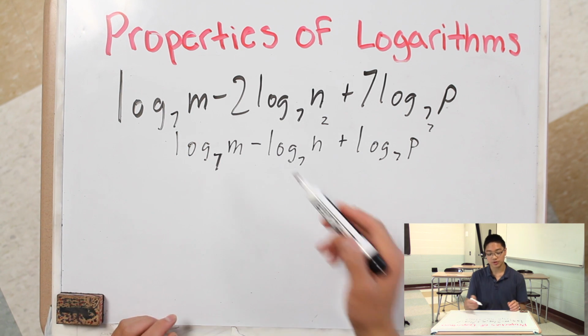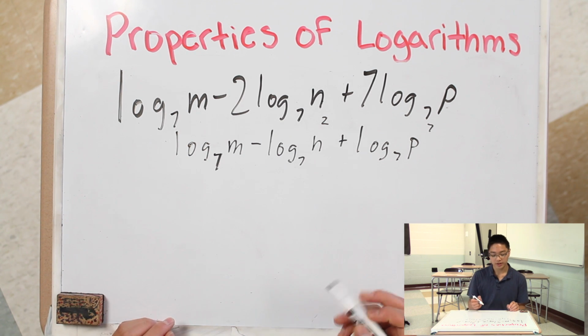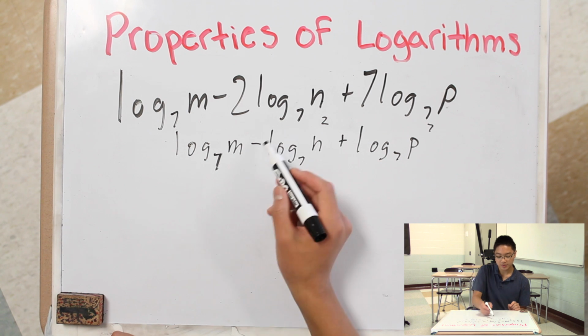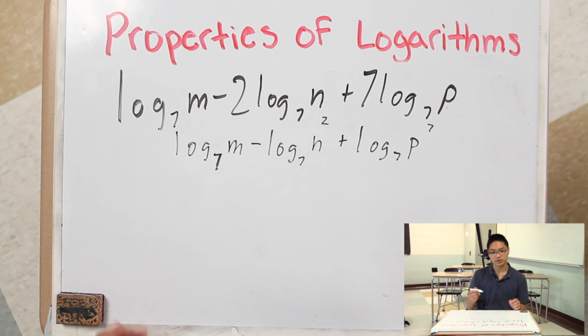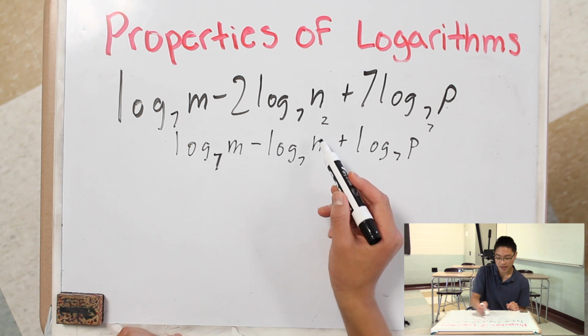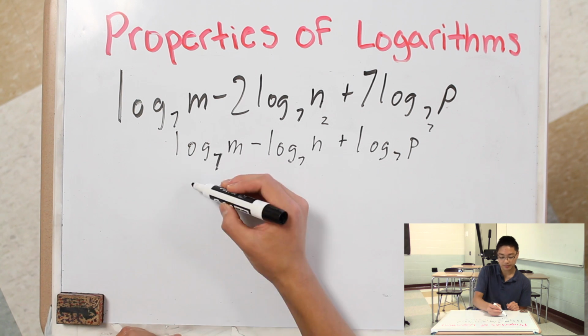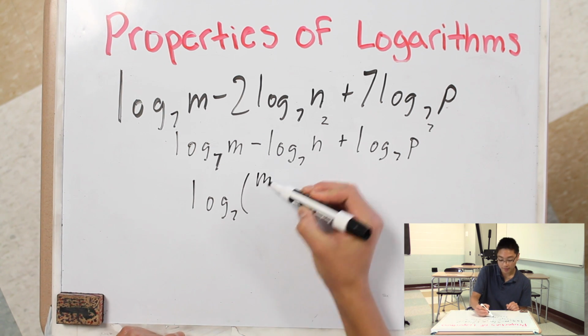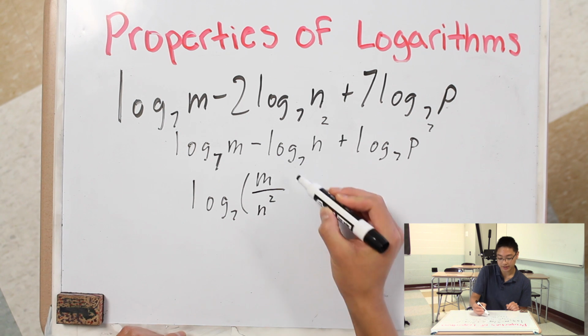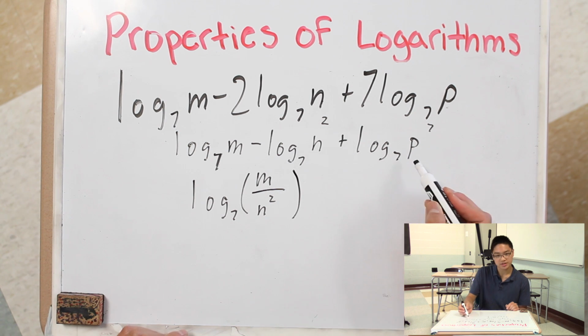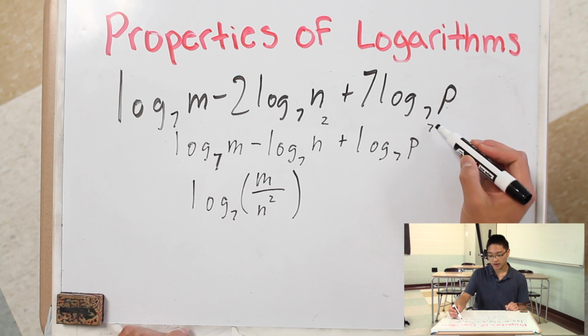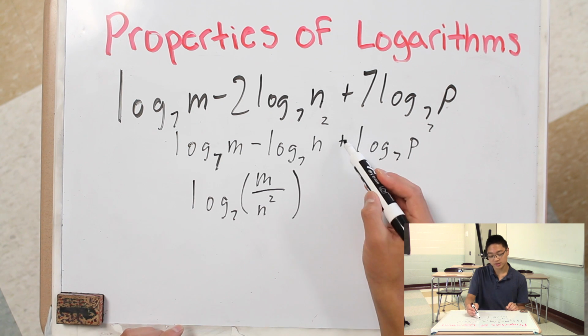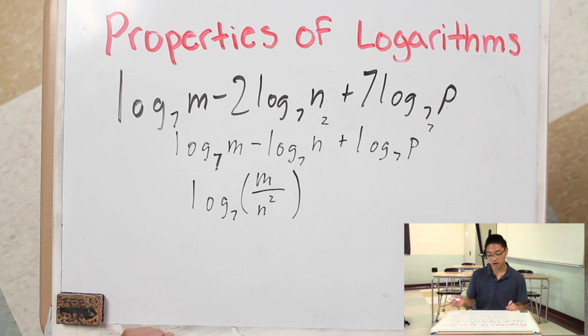Now let's use both the quotient property and the product property to further condense it. So we see the minus sign here, so we know to use the quotient property and put this m over the n squared. So log base 7 of m over n to the 2nd. But we still have this plus log base 7 of p to the 7th. What do we do with that? Well, since there is a plus sign here, we're going to use the product property.